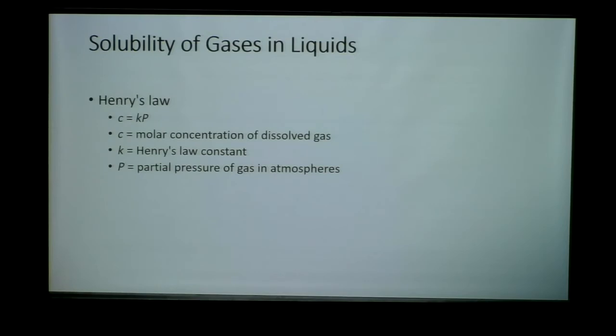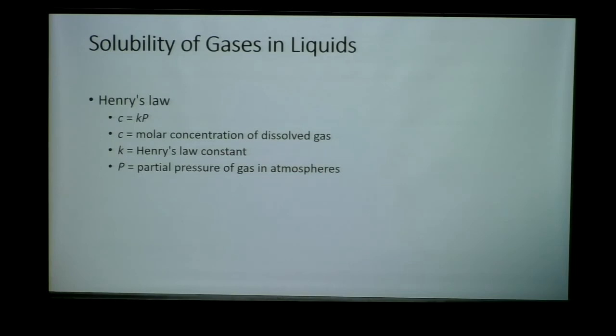This brings us to Henry's law. Now, Henry's law states that at a constant temperature, the molar concentration of the dissolved gas, which is another way of saying the number of gas particles that are dissolved in that solution, is equal to the constant K multiplied by P, which represents the partial pressure of the gas in the atmosphere.